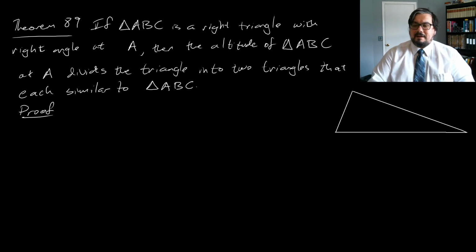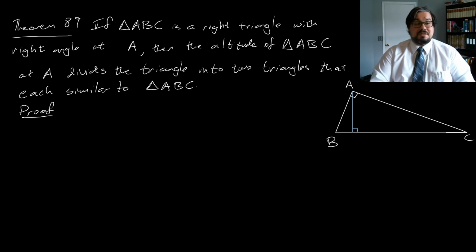So we've got a right triangle here, with the right angle at the point A. And this is saying that if we look at the altitude of this triangle at A, then the two triangles that we get out of this, ABD and ADC, are each similar to the original triangle.